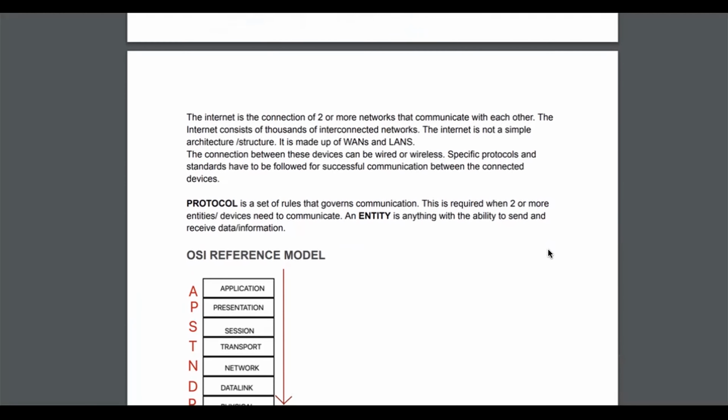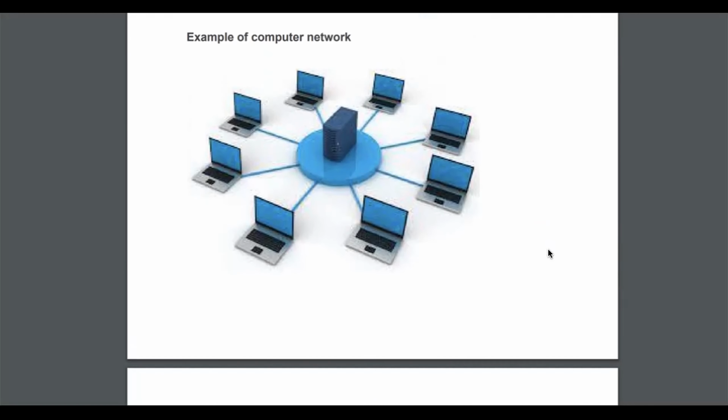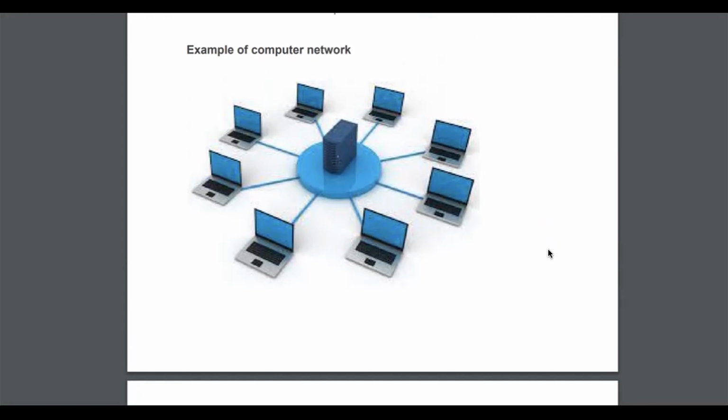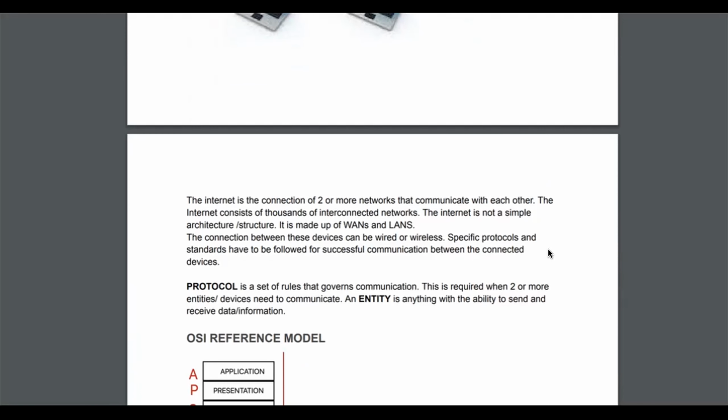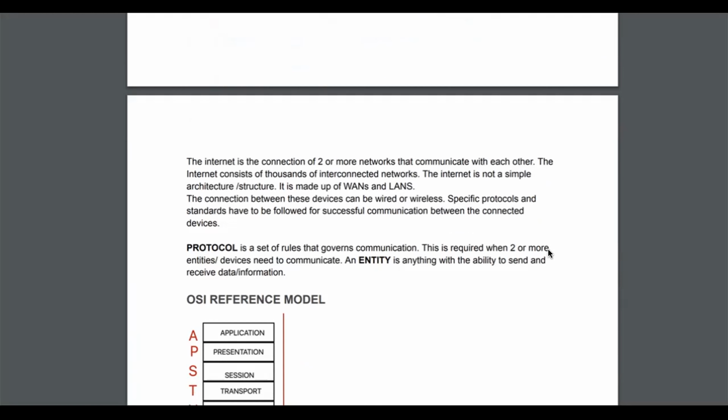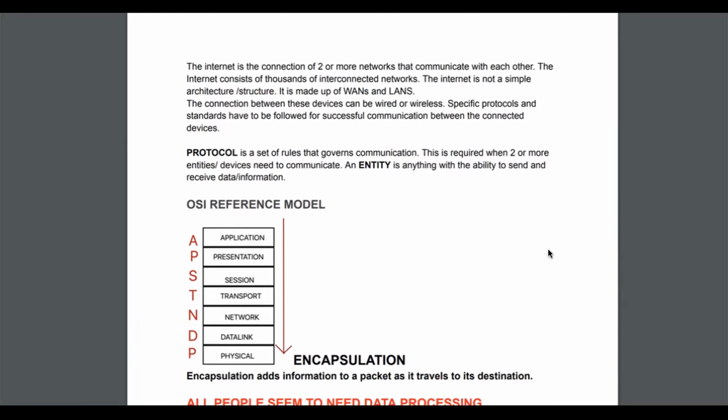So moving on, we want to talk about the internet. An internet is a connection of two or more networks. If this is an example of a network, then we can imagine how big the Internet is, which is a connection of two or more of these kinds of networks in order for them to communicate with each other.